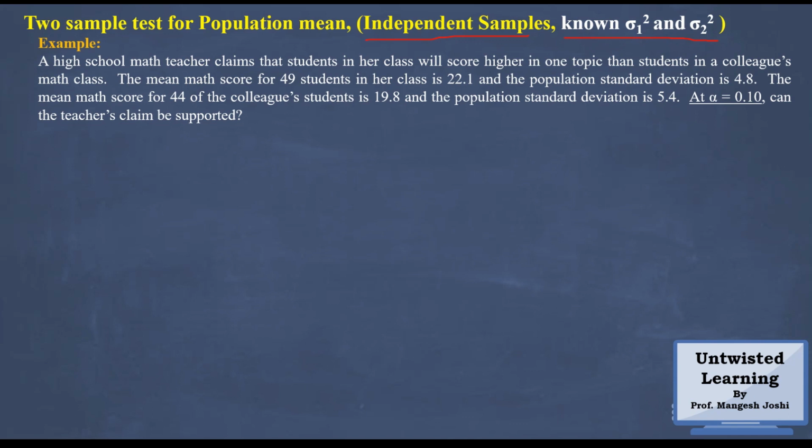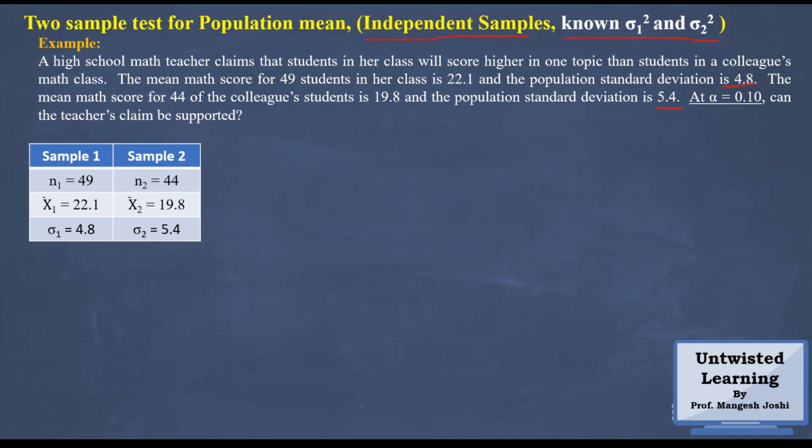The mean math score for 49 students in her class is 22.1 and the population standard deviation is 4.8. The mean math score for 44 of the colleague's students is 19.8. The population standard deviation is 5.4.